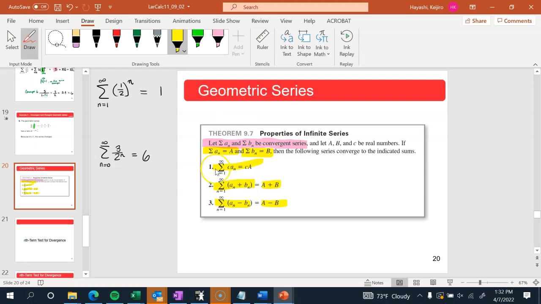So this is just to say that you can do scalar multiplication on series, you can add series together, their sum will be the old sums added together, and you can subtract series too. Their sum will just be the old sums subtracted one from the other.